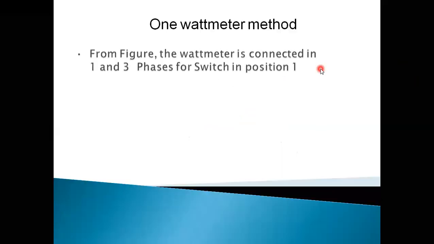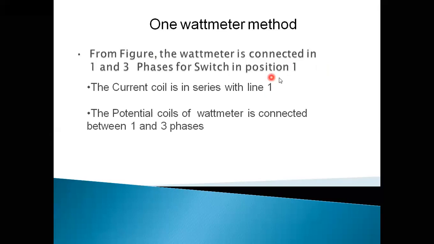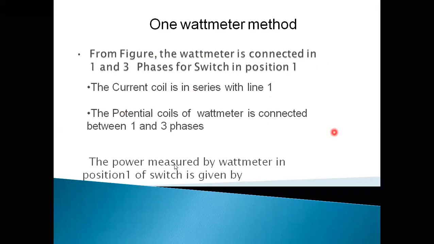So for the 1 wattmeter method, we have seen the figure of the circuit diagram and also the phasor diagram. When the switch is in position 1, the wattmeter is connected in phases 1 and 3. The current through the current coil is in series with line 1 and the potential coil is across phases 1 and 3. Thus, the power measured by the wattmeter in position 1 of the switch is given by V13, I1, cos of the angle between V13 and I1, say this is W1.